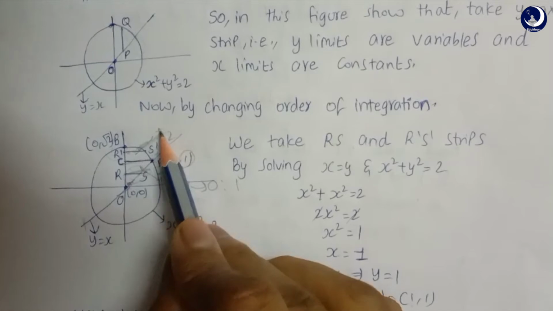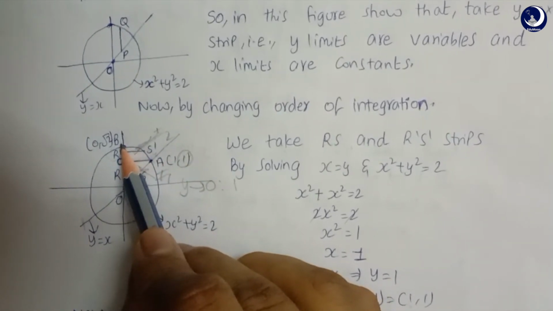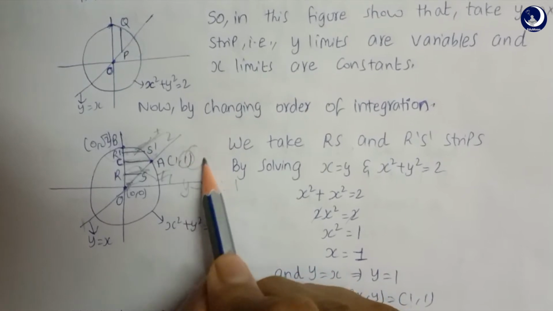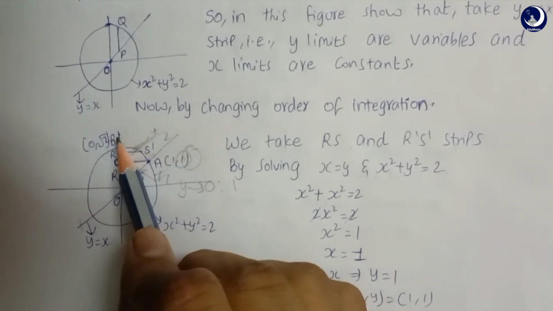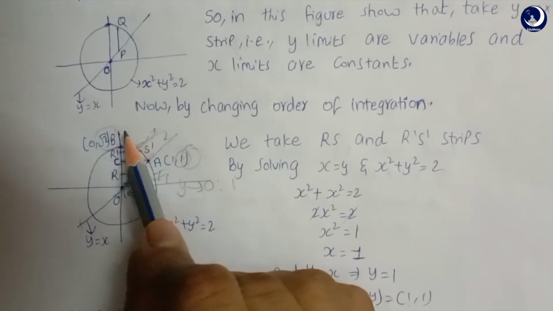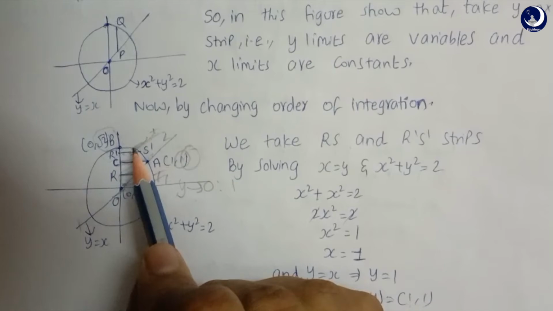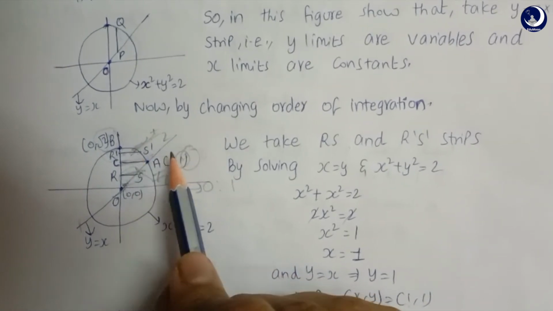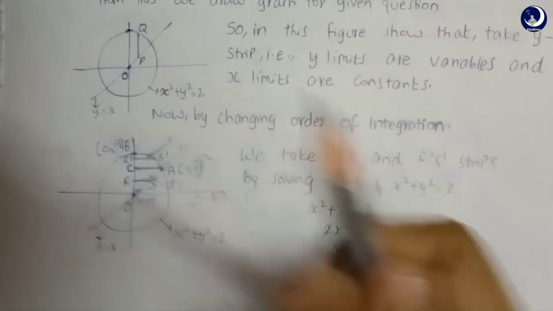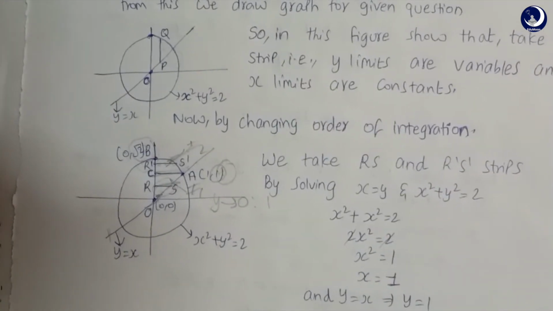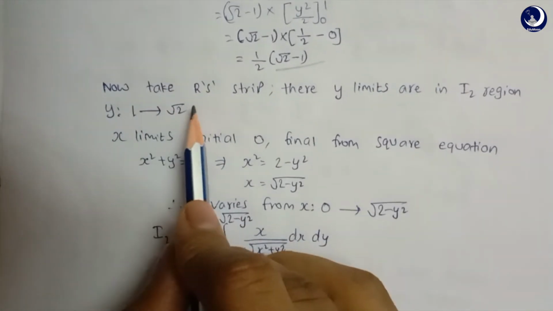For the I2 region, we take the common point as the lower limit, so y equals 1, and at B we get y equals root 2, which is the upper limit. So, as per the given diagram, the y limits vary from 1 to root 2.